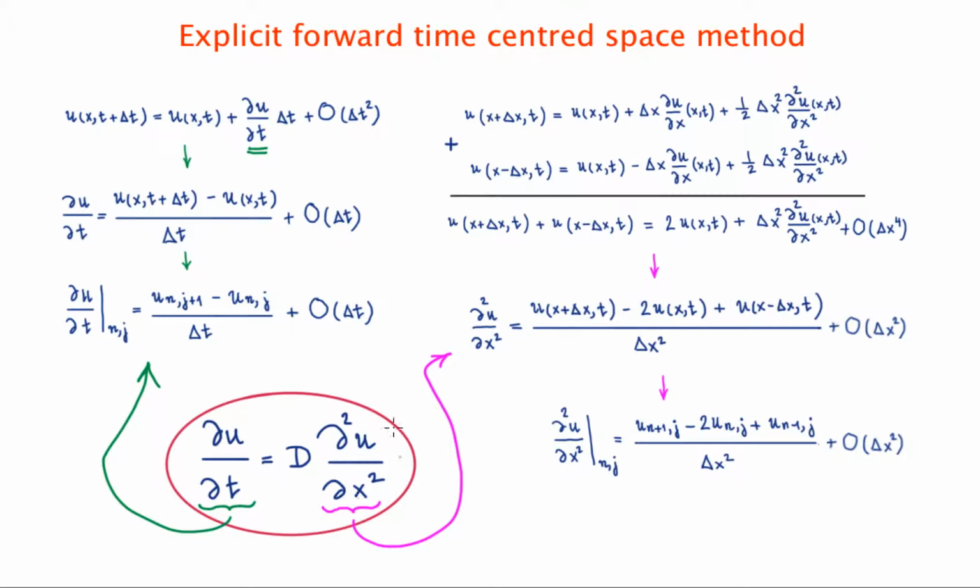That's why in this case we are going to consider just two Taylor expansions, the ones we do have here. One Taylor expansion in order to have an approximation of the u function at position x plus delta x and time t, and another Taylor expansion to get an approximation of the u function at position x minus delta x and time t.